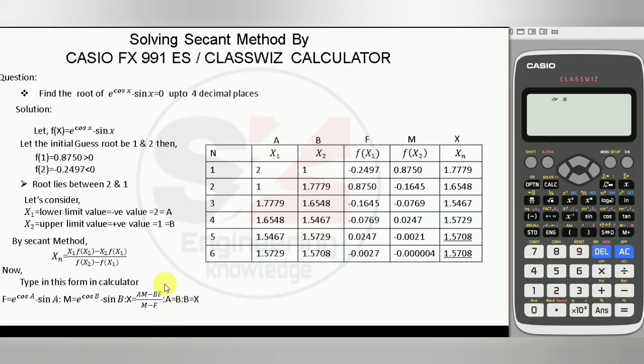So let's see. Now write this formula in the calculator. For writing, simply follow my steps.